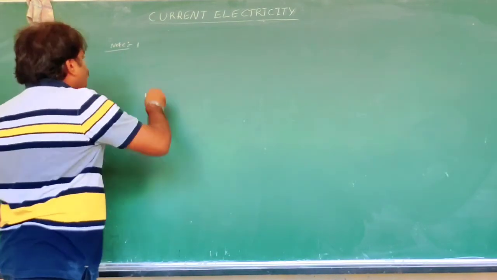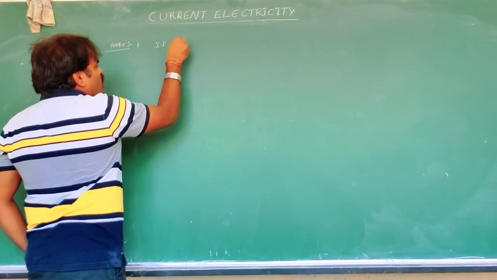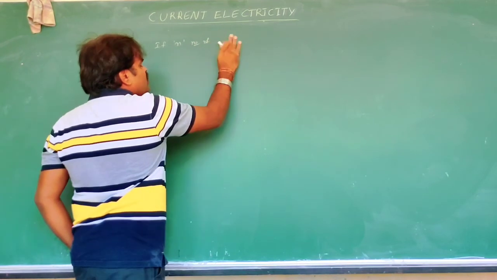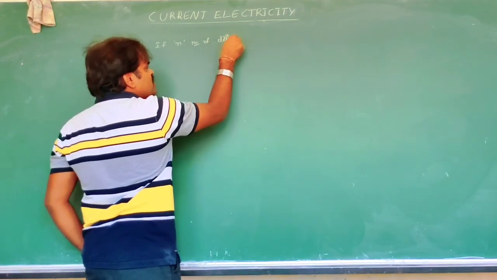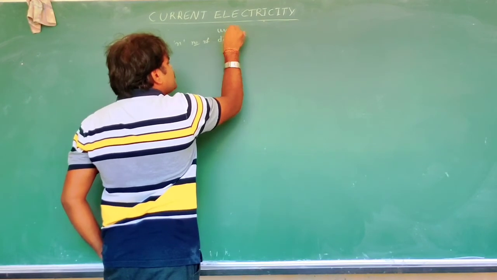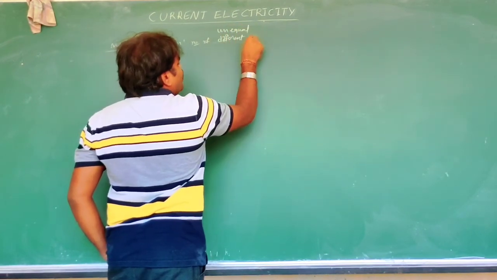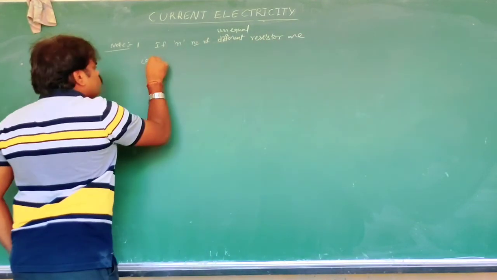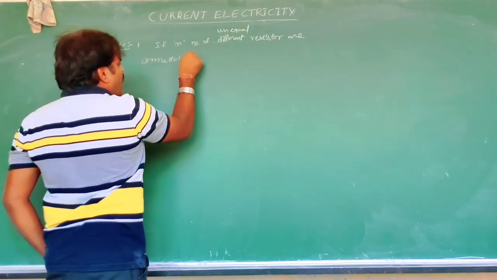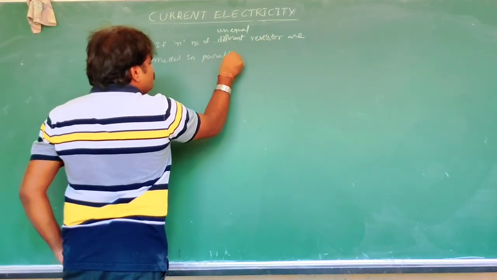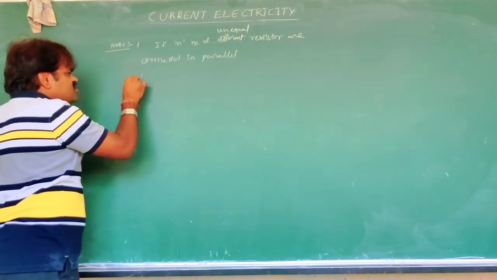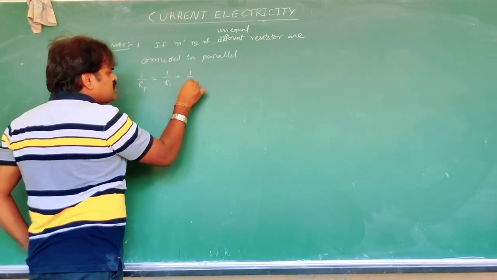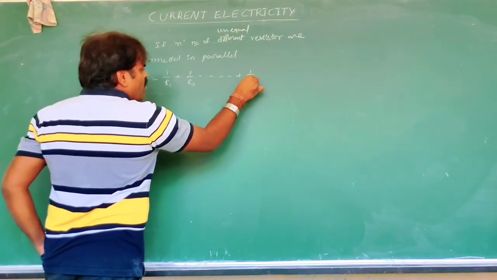If n number of different, or unequal, resistors are connected in parallel, then what is the resultant resistance? 1 by Rp is equal to 1 by R1 plus 1 by R2 plus dash plus 1 by Rn.